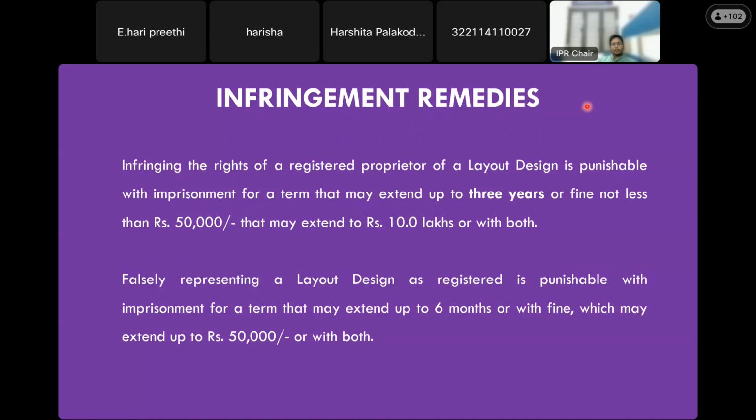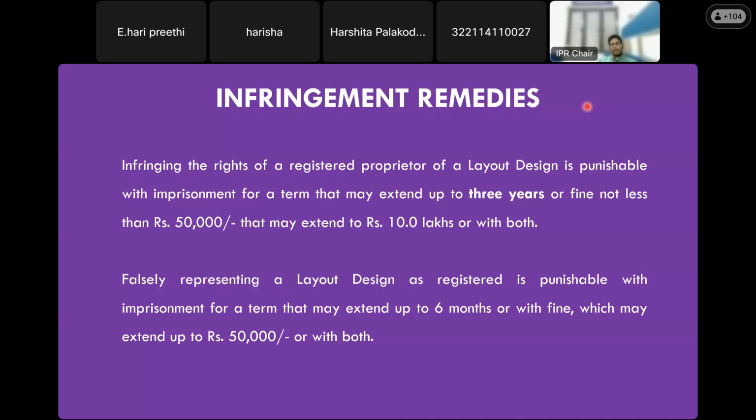What are the infringement remedies under this statute? Infringing the rights of a registered proprietor of a layout design is punishable with imprisonment for a term that may extend up to 3 years, or a fine of not less than 50,000 rupees that may extend to 10 lakhs, or with both.